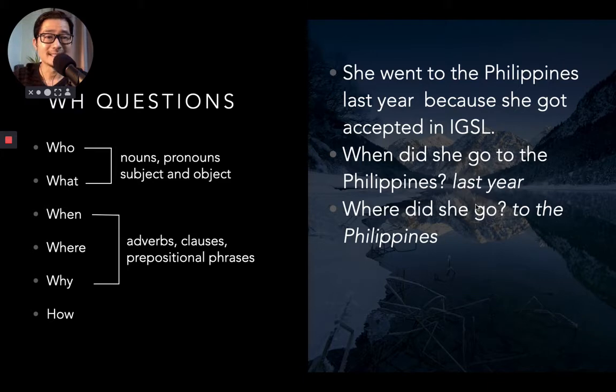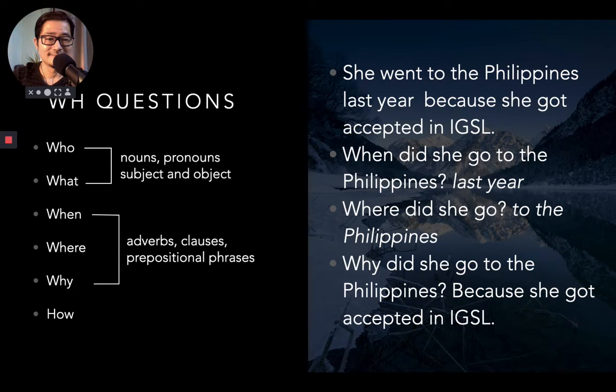Why did she go to the Philippines last year? Because she got accepted in IGSL. Okay, did you get that correctly? It's not so difficult, right? Because you use the original grammatical patterns contained in the sentence. Right? Okay.